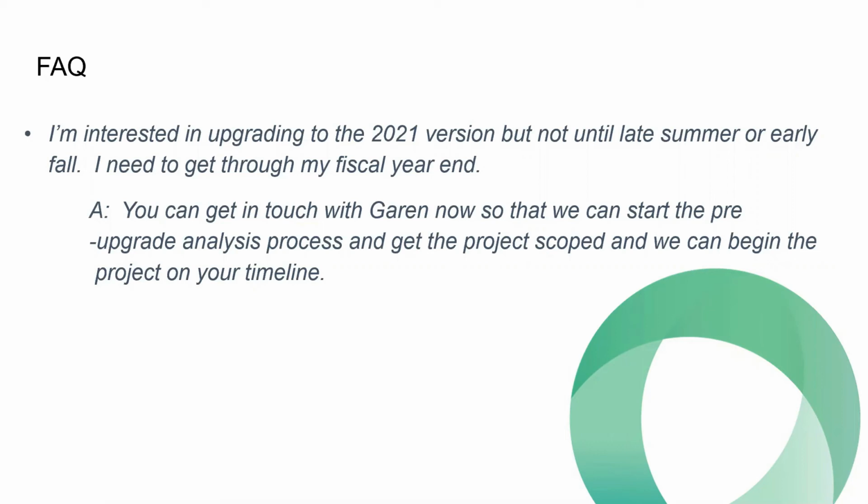So we want to make sure that anybody that wants to upgrade within 2021 is completed by the end of November. So we did her pre-upgrade analysis, we scoped her project. When she approves that scope of work, then she will get assigned a project manager, but they will know that she is not ready to upgrade until October. The PM will reach out to her and just say, hey, I'm going to be your project manager. How about I touch base in early September so we can start planning and start putting together some dates for October.